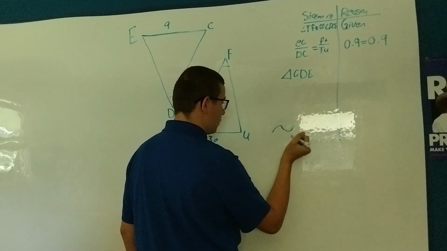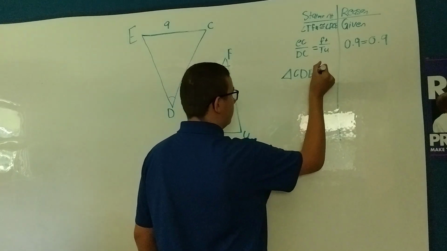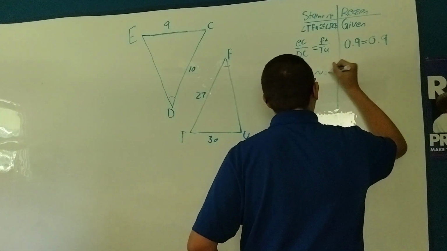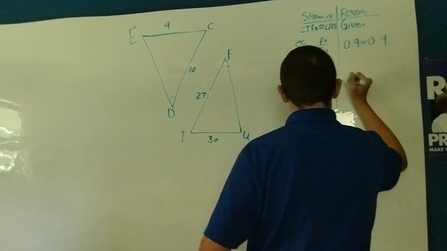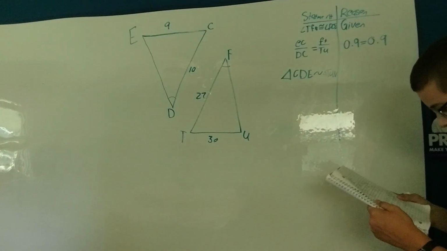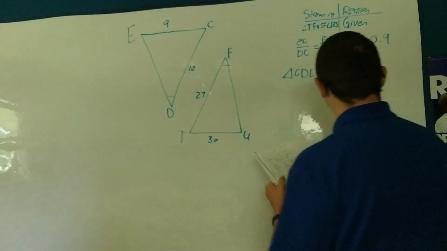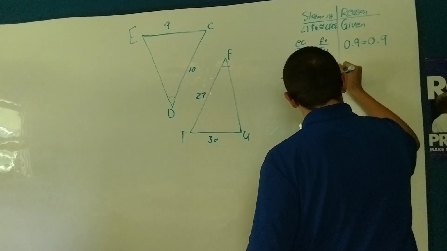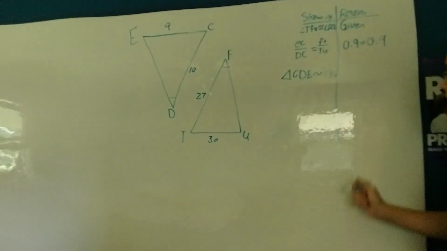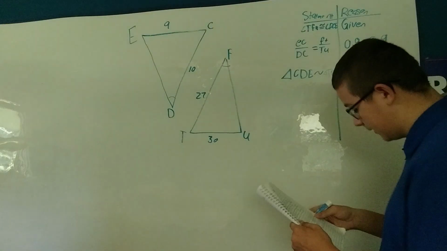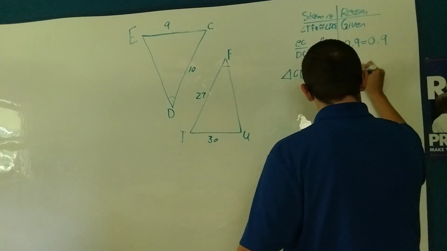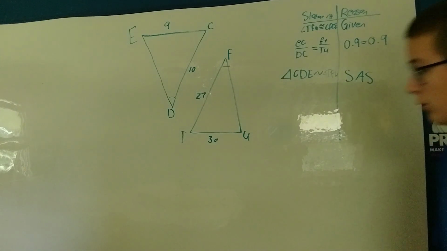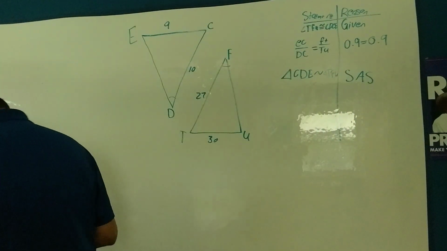Similarity is just the squiggle, right? So it is similar to triangle TUV. Sorry, that should be TFU. Like that. And this is because of our side angle side similarity. Like that. And that would be one example.